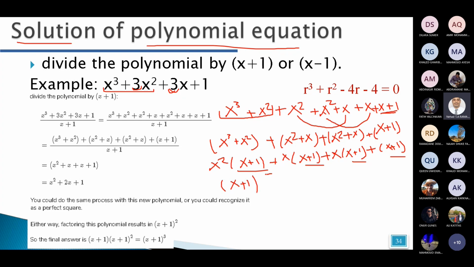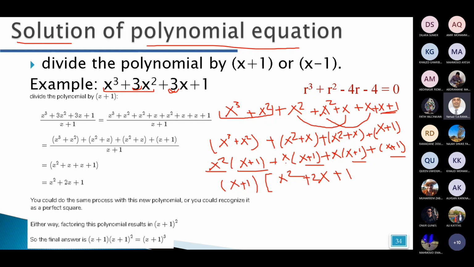What will we still have here? Okay, so x plus 1 multiplied by what remains inside. What remains inside? x power 2 plus x plus x, meaning plus 2x, plus, when we take here x plus 1 outside, what remains?